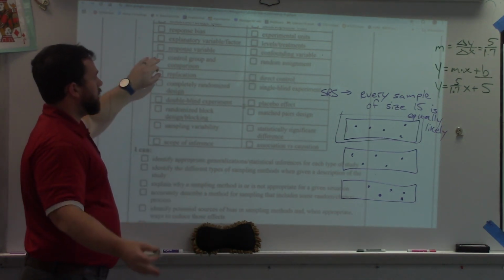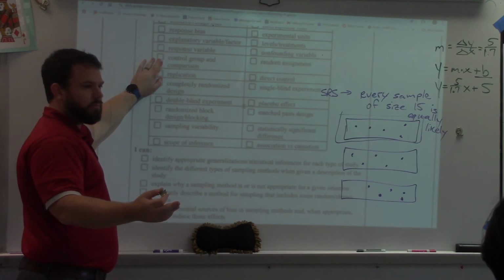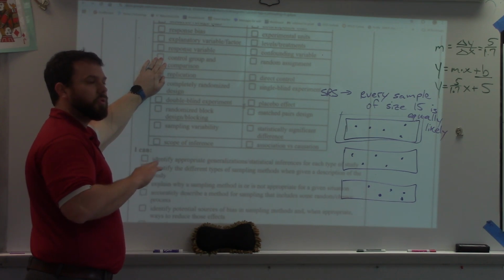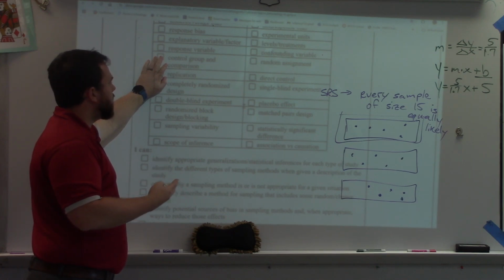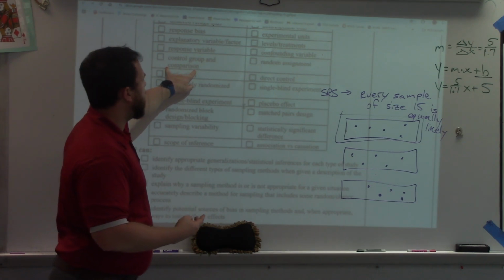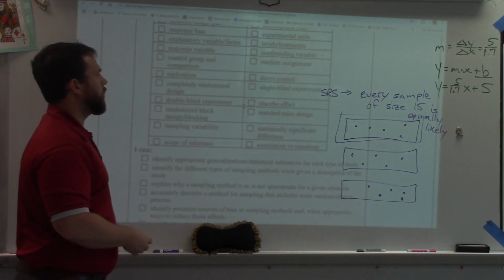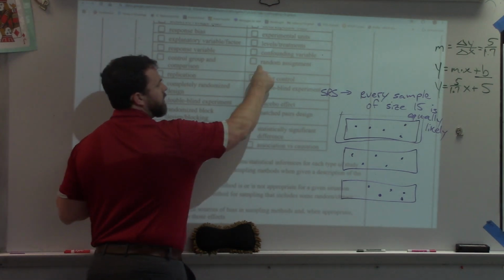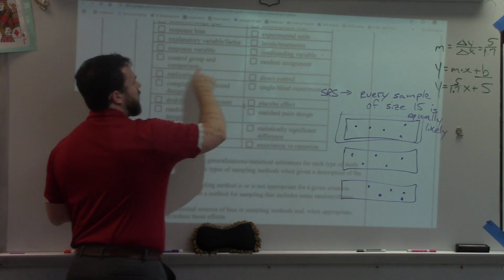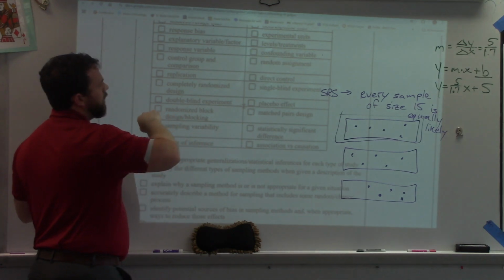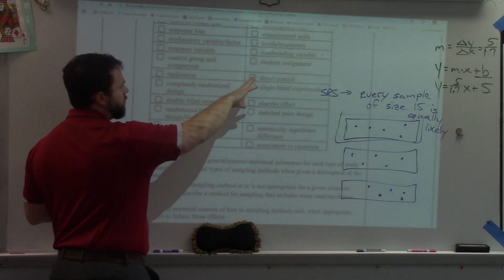And then you already brought up control group earlier, Jaden: when we have a control group, we have a baseline with no active ingredient treatment, right? One of the big things you always have to have is comparison, so that you can compare how the treatments worked. Other elements of study design are we have to randomly assign, we have to replicate, and we have to directly control the confounding variables that we know about.